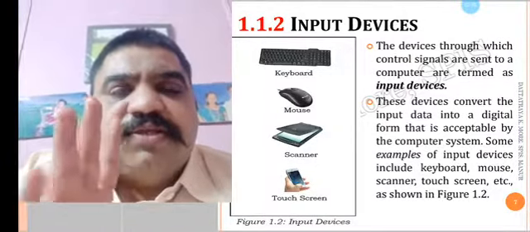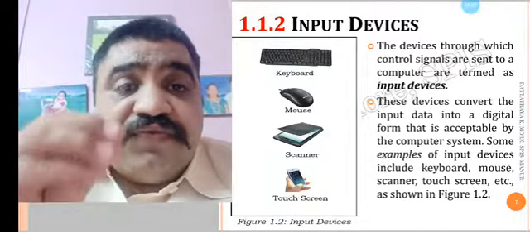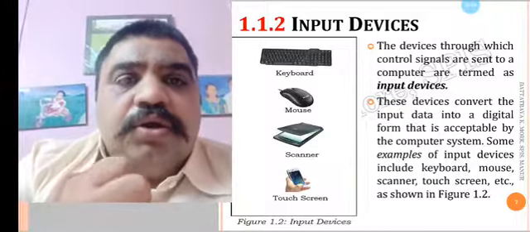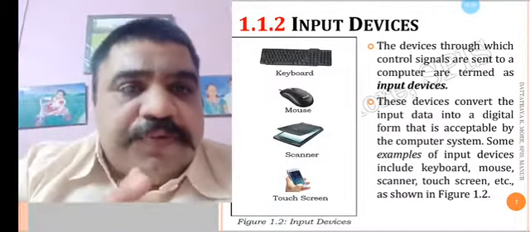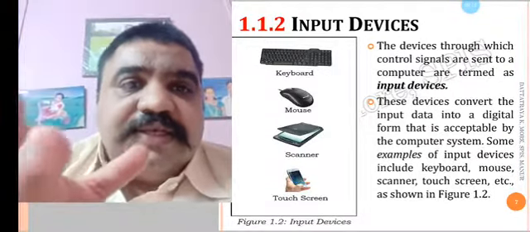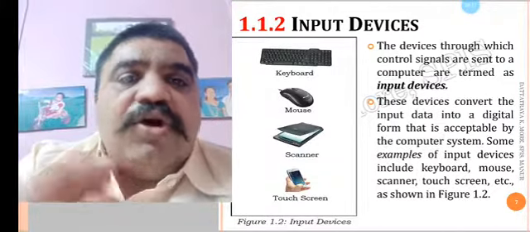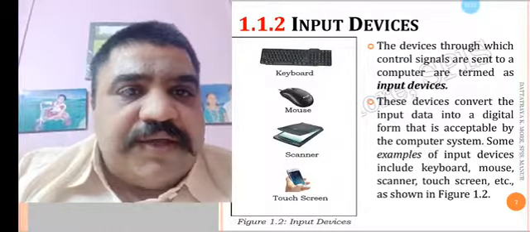It means, in simple language I will explain to you, the devices which are collecting some data from the user and giving it to the computer. Which devices take the data or instructions from the user to the computer, that is called an input device.